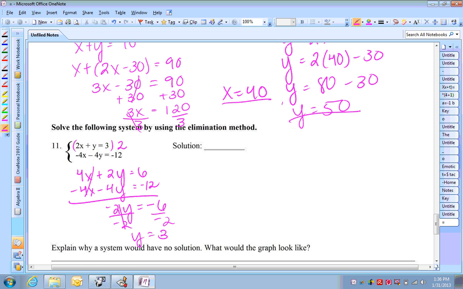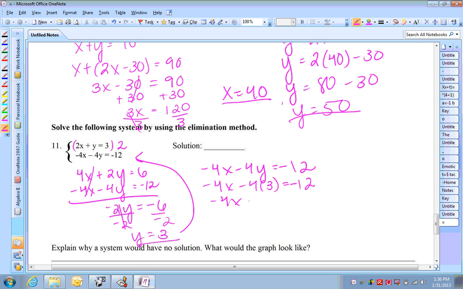So now that I found my y value, I take it and plug it back into one of the other equations. So negative 4x minus 4y equals negative 12. And I'm going to replace y with 3. So negative 4x minus 4 times 3 equals negative 12. Negative 4x minus 12 equals minus 12.